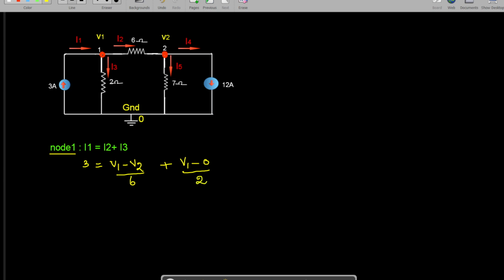So you get it as 3 is equal to V1 minus V2 divided by 6 plus V1 by 2. So if you take the common denominator at right side, it is 6. So V1 minus V2 plus 3V1, isn't it?